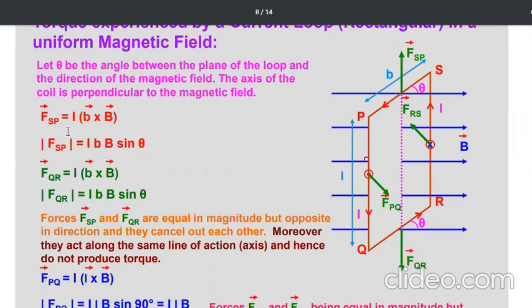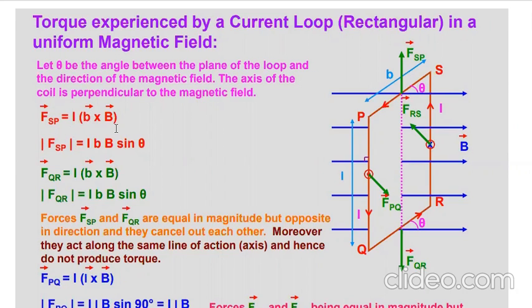As in the previous section, I have discussed that magnetic force equals I L cross B. So here in place of L, we take the breadth of this rectangular loop. So I is taken outside the bracket, and vector b cross vector capital B, that is the magnetic field.